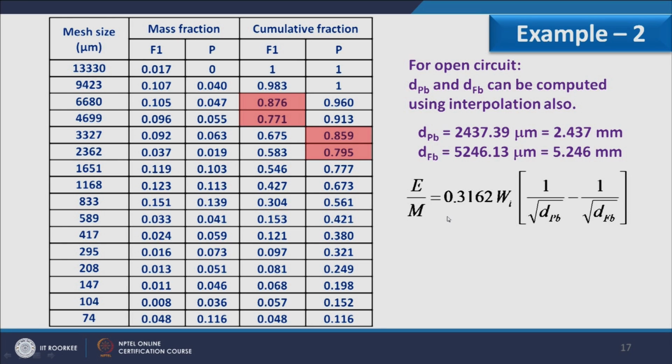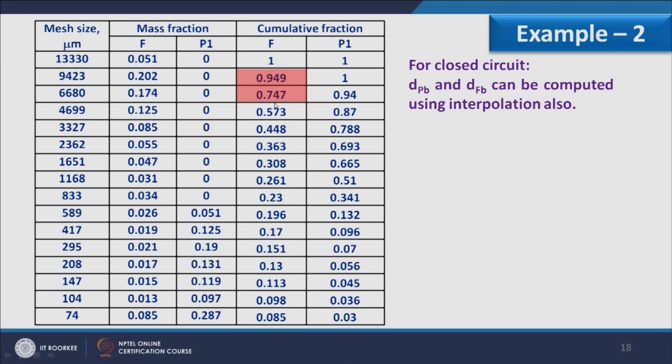Using these two values along with the work index, we can calculate power consumption. It will be multiplied with 90 ton. So, 73.95 kilowatt is the power consumption for open cycle. And similarly, I can calculate for closed cycle using interpolation. So, if I consider feed to closed cycle, F I have to consider, and 80% will lie in between these two. Similarly, in P1, 80% will lie in between these two.